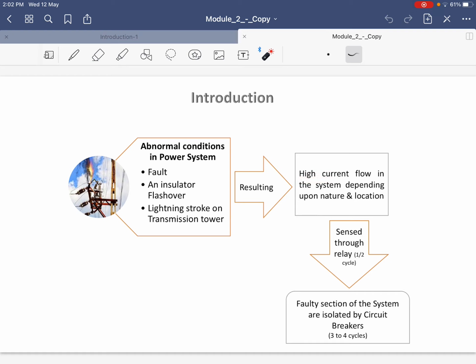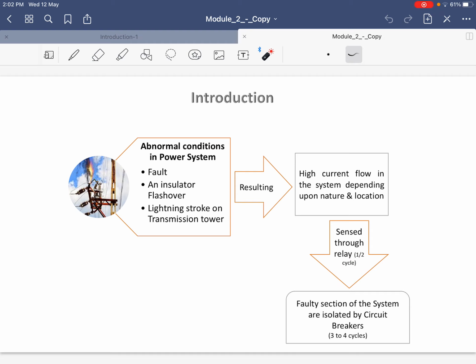Then what are the appropriate corrective measures you have to take as a power system engineer? It should be sensed by the relay. Whenever an abnormality occurs, a high current will flow in the system. This high current is sensed by the relay within half a cycle, so that within a very short time you can clear the fault.